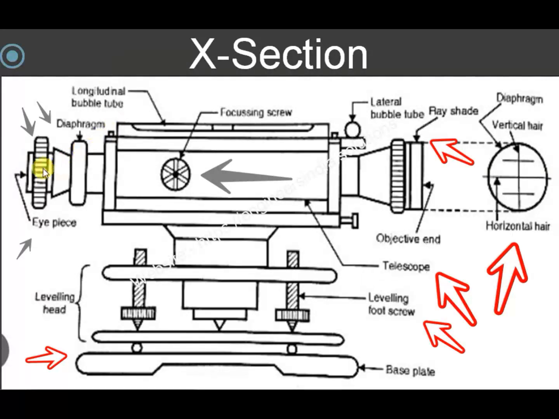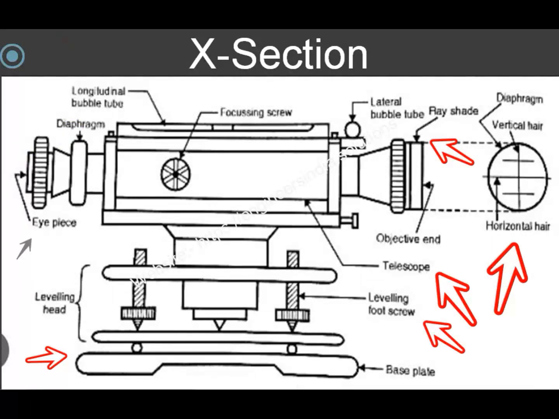It moves in both the directions, this side as well as this side over here. So when you use this particular screw over here in order to settle, to clear the cross wires, foot screws.